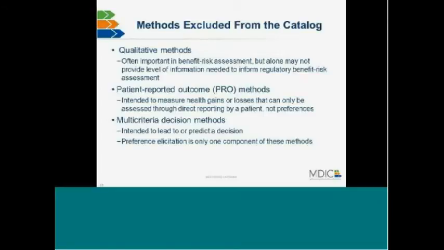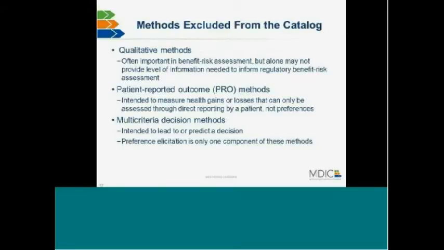We did not explicitly include multi-criteria decision methods, and the reason I raise that specifically is there is a lot of use or advocacy for use of multi-criteria decision analysis and multi-criteria decision methods in benefit risk analysis, particularly if you look at the IMI Protect work that's been done in Europe. And those methods are decision methods, and they have a role, but they're not in and of themselves patient preference methods.